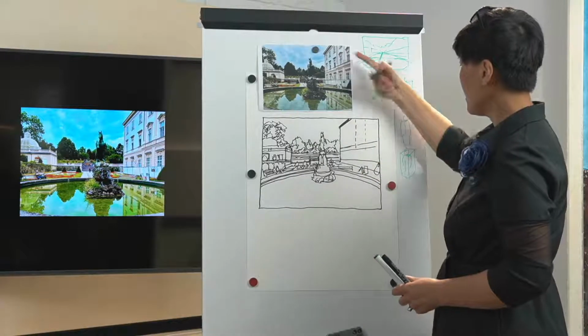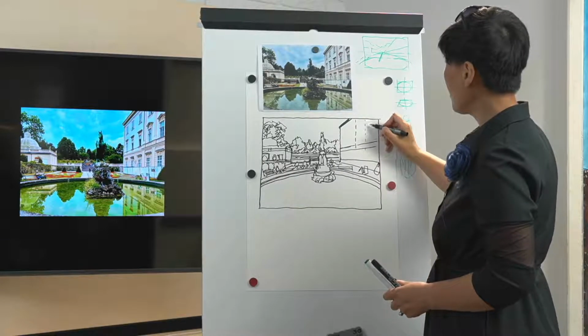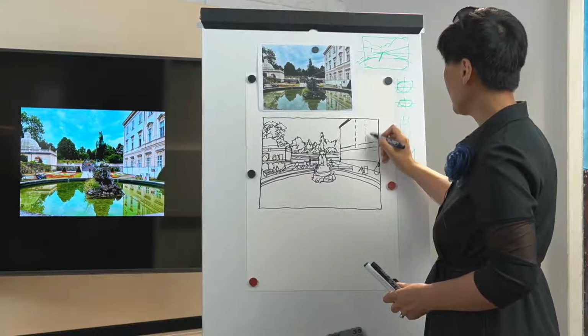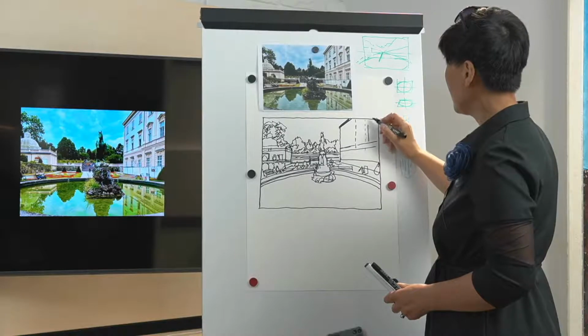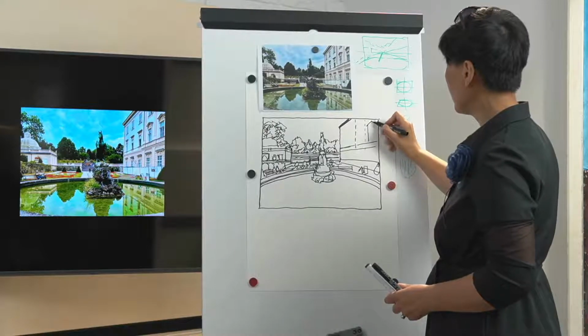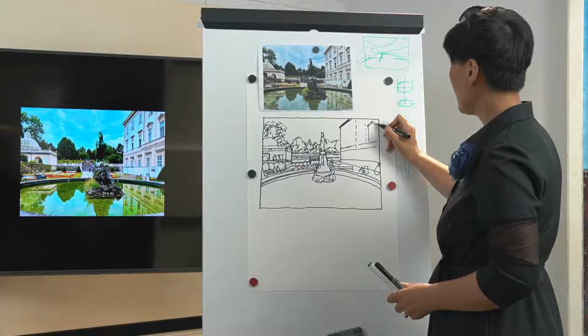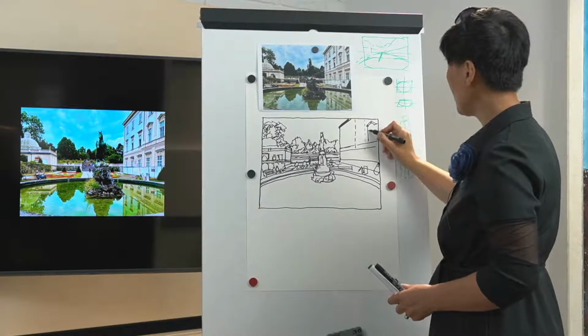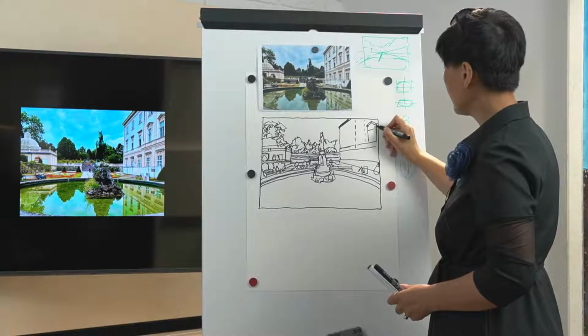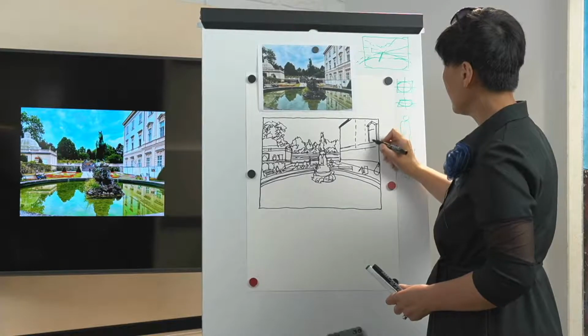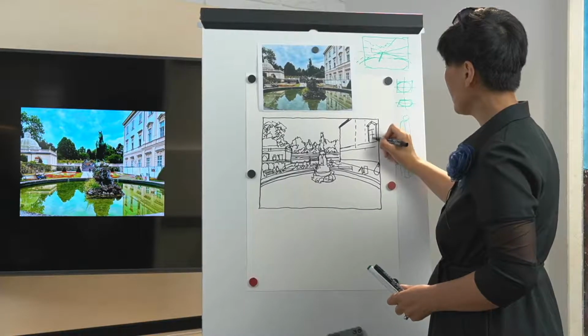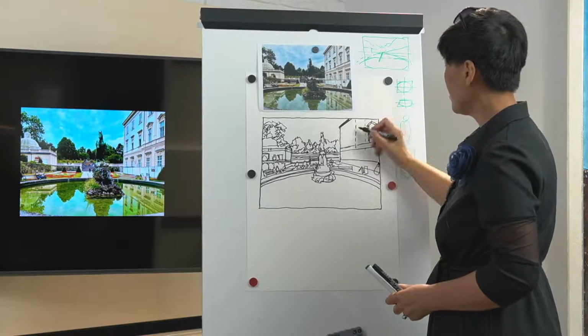So see, these windows, the first one will be very big from this point, very big, about this. From the second, you see it is already smaller. You can put some details and later do more details.